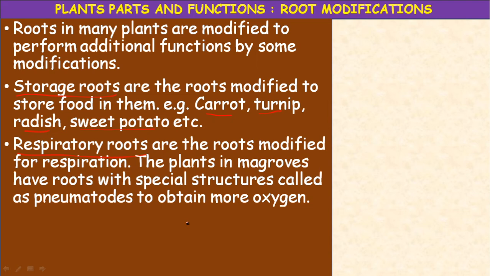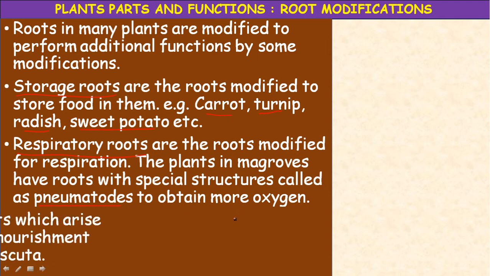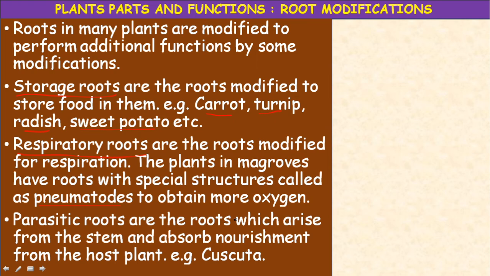So in order to absorb air from the atmosphere, they develop special roots called pneumatophores. So the plants in mangroves have roots with special structures to obtain more oxygen.